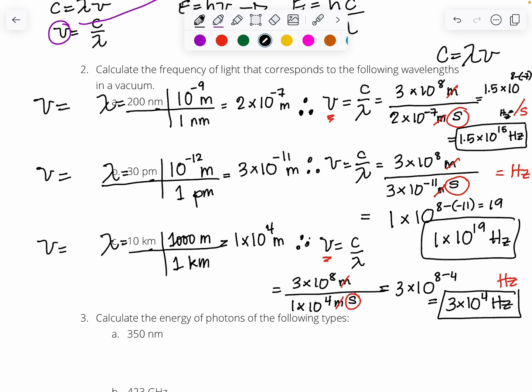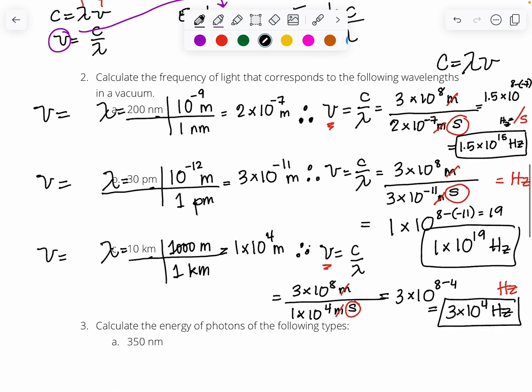Okay, so that is how we are going to calculate frequency, how often a wavelength passes a certain point using wavelength. Make sure that you always have that wavelength in meters.